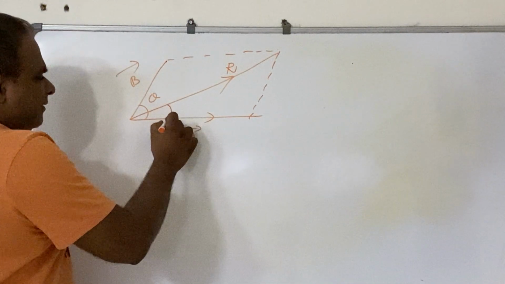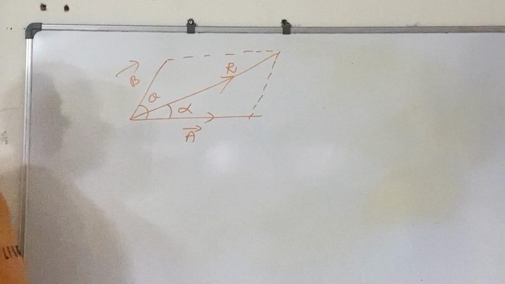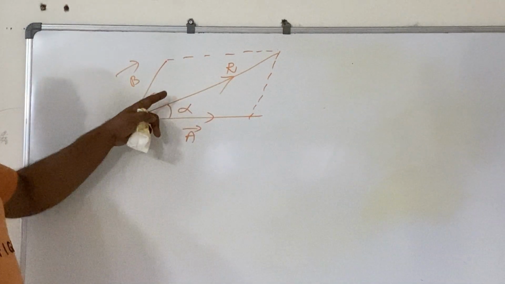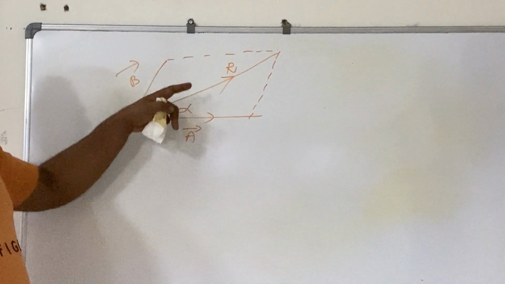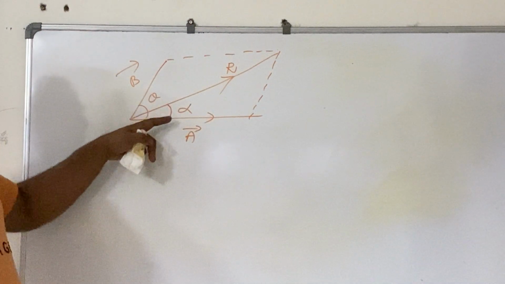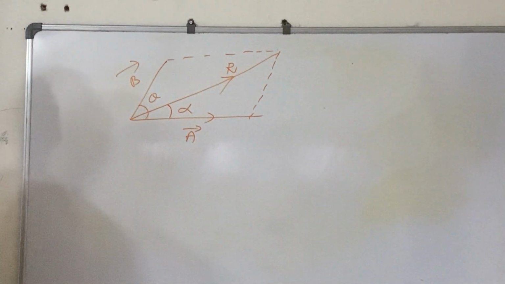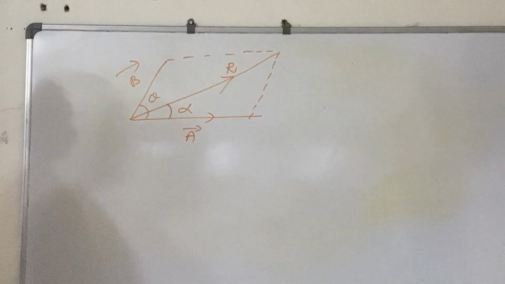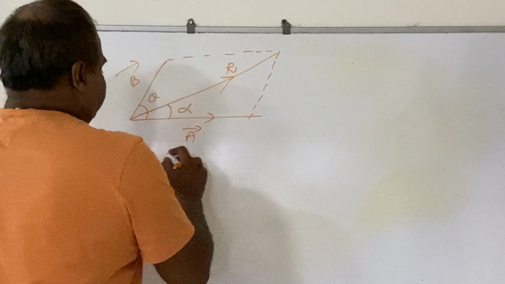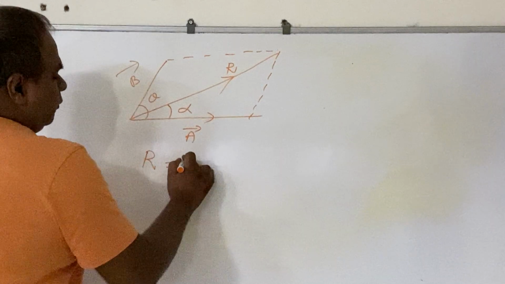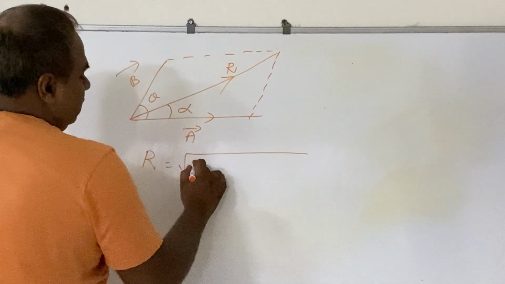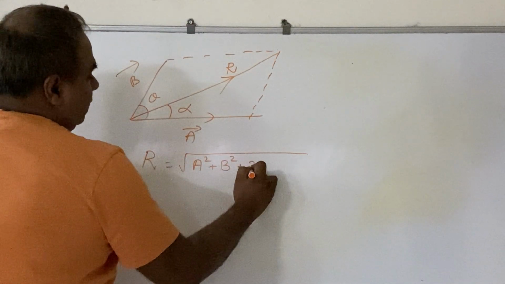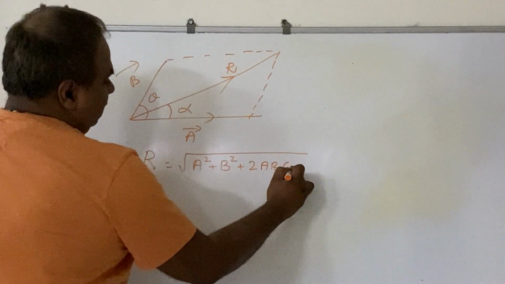Then this angle we call alpha. Alpha is the angle the resultant makes with one of the vectors. So we have A, B and alpha. Now two formulas we discussed. One is R is equal to root of A square plus B square plus 2AB cos theta.